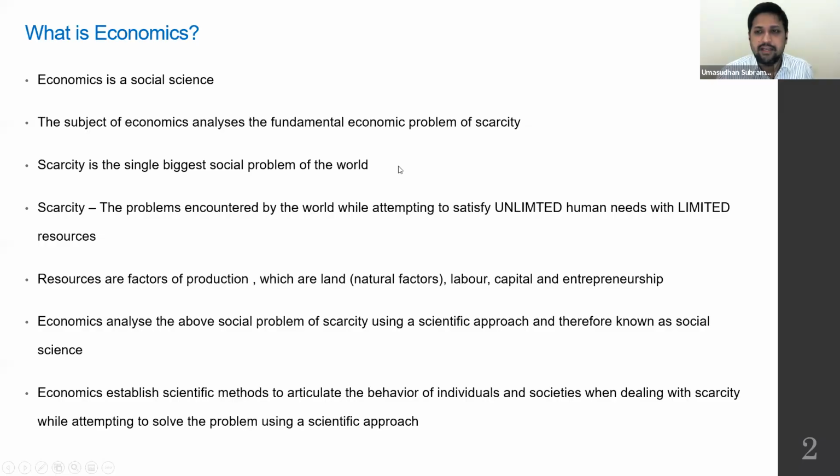So before getting into details, the first question is, what is economics and what are we going to talk about? Remember, economics is a social science. There are many social sciences, but economics is one of the major ones. What economics does is it analyzes the fundamental economic problem of scarcity.